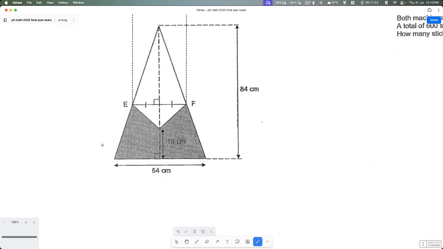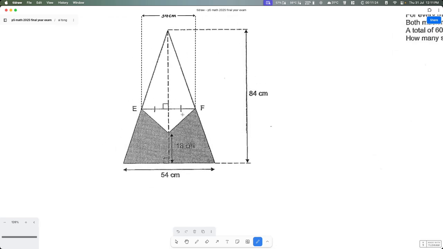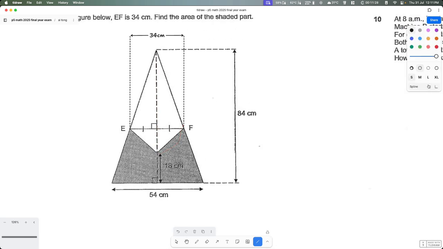Actually, we can get this triangle. So I'm going to draw it out using the line again, a solid line. Basically this whole triangle, so I'm going to draw this triangle over here. We actually can get this triangle.